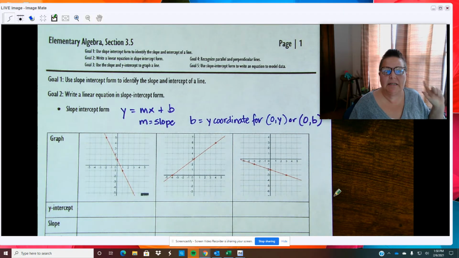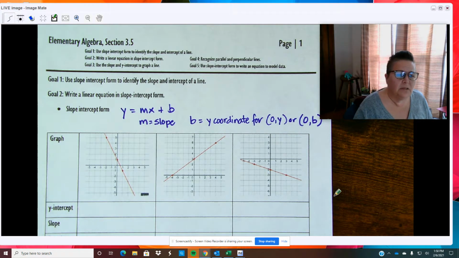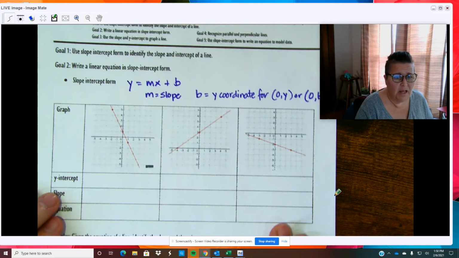Remember, we practiced in 3.4, if you get a point and a slope, you can graph the line. So in slope-intercept form, we can identify the slope and we can identify the y-intercept. So I have some things here that I hope will help you sort of figure it out.